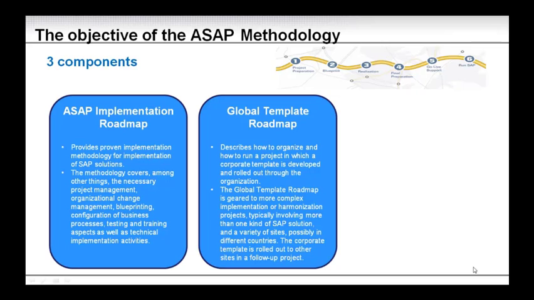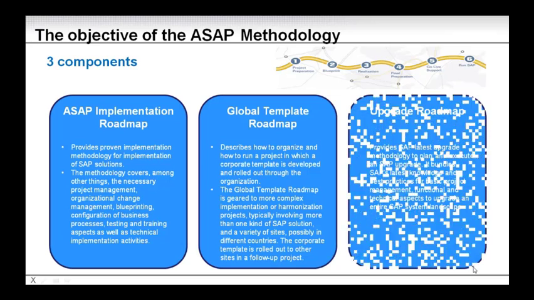So this roadmap focuses on describing how to organize and how to run a project in which a corporate template is developed and rolled out throughout your organization. And this is generally the roadmap for the more complex implementation, or where you are trying to harmonize SAP across a large number of entities. So this is for the very large corporations.